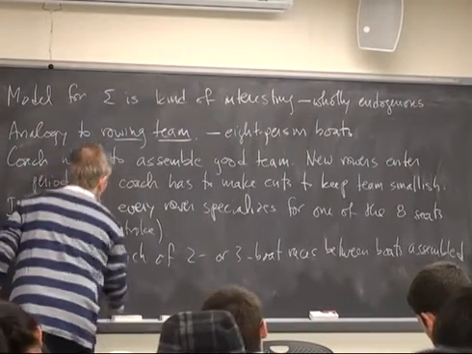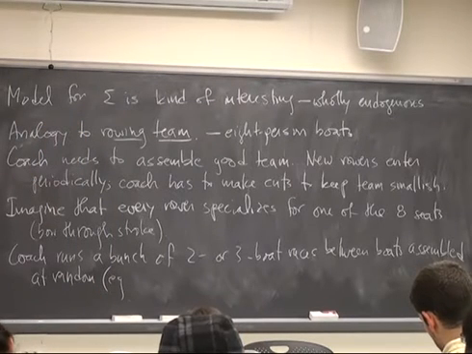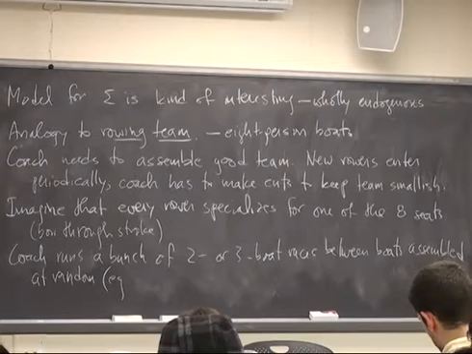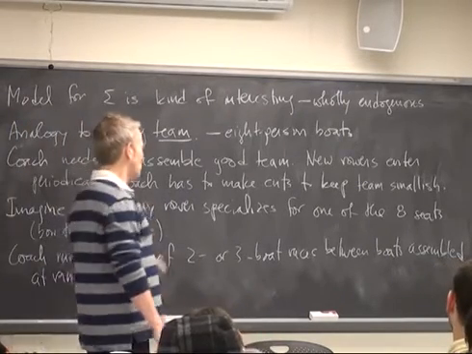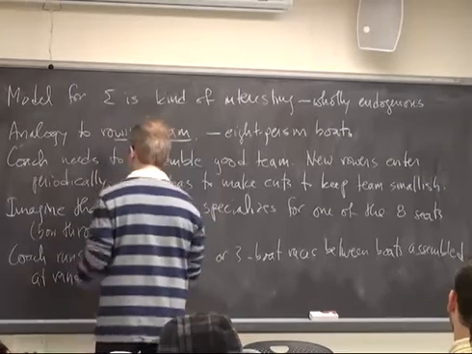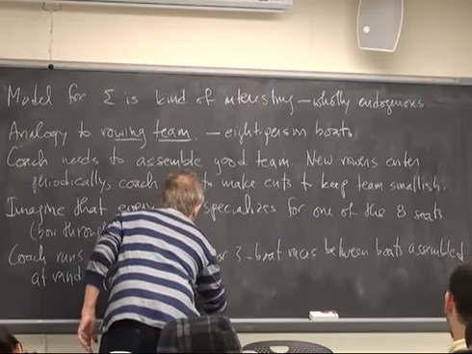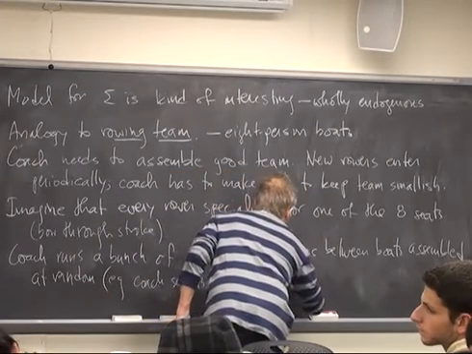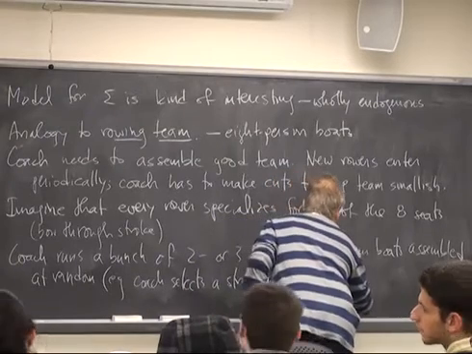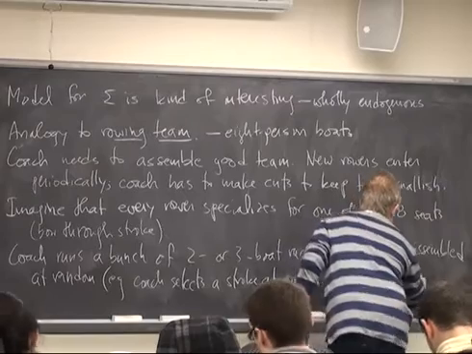So, for example, the coach picks a stroke at random from the set of all possible strokes and puts him in the stroke seat. The coach picks a 2-seat rower at random from the set of all 2-seat rowers and puts him in the 2-seat of one of these boats. So the coach selects a stroke at random from the stroke set, etc.